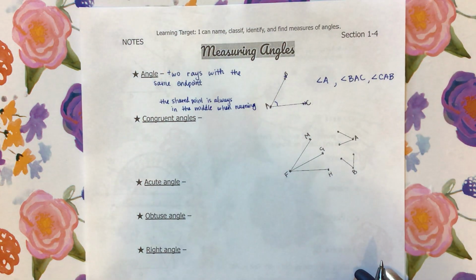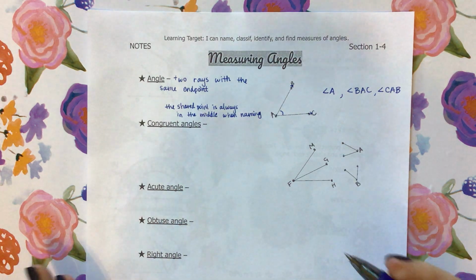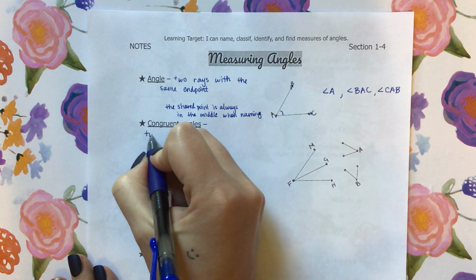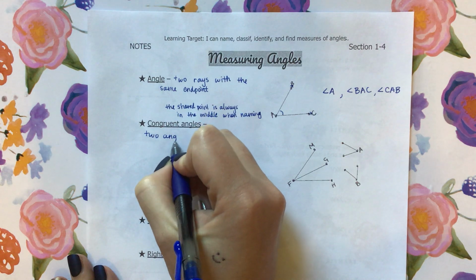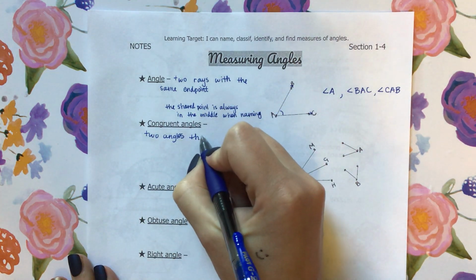Okay. Now, just like segments, angles are able to be congruent as well. So two congruent angles are two angles that have the same measurement.